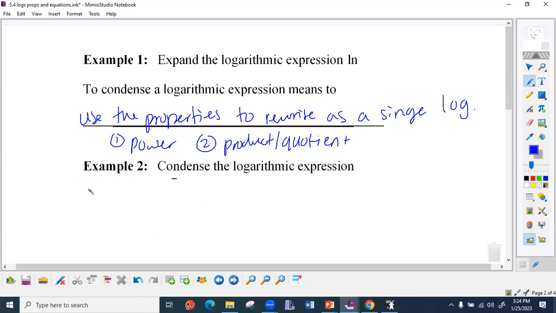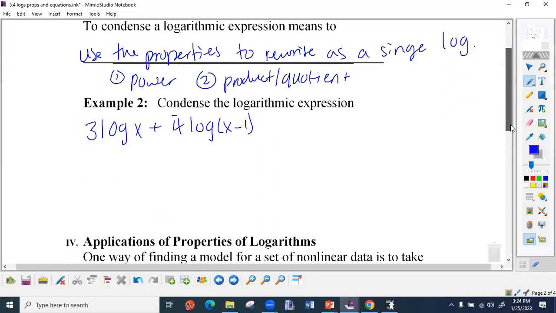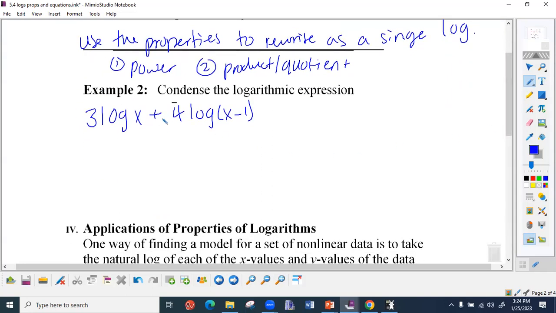So our problem is we have 3 log x plus 4 log of x minus 1. The first thing you want to do is, can I apply the power rule to undo this? Yes, I can take my 3 and turn it into the power of x, take my 4 and turn it into the power of this binomial.